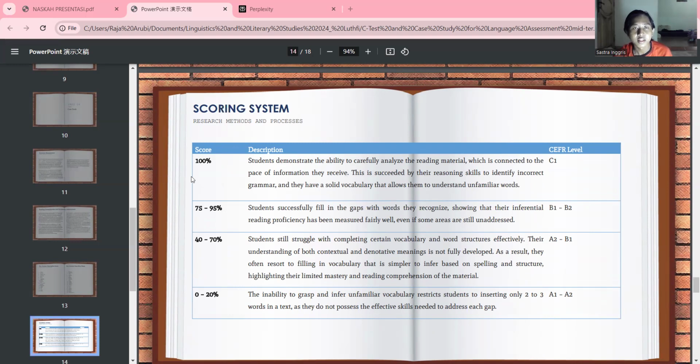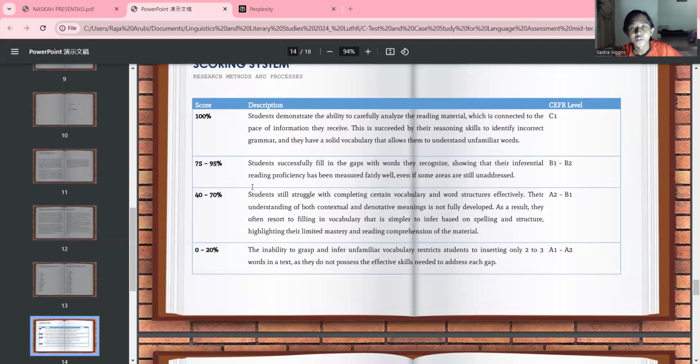If students complete it successfully and carefully analyze and identify the reading material, which is connected to the base of information they receive, this is supported by their reasoning skills to identify incorrect grammar, and they have a solid vocabulary that allows them to understand unfamiliar words, then they get 100%. And the CEFR level they measure is C1.